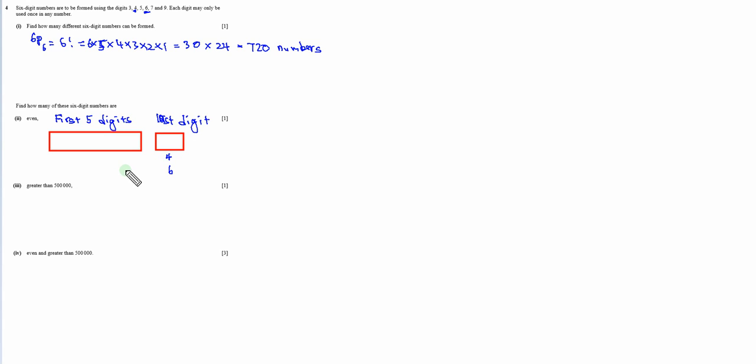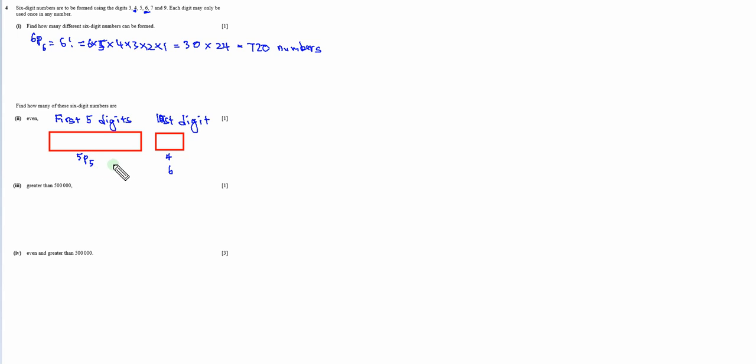Now if I take 4 out of the 6 digits, I'm left with 5 digits, and for the first 5 digits, I have 5 to select from, or in other words, I can arrange 5 of them.